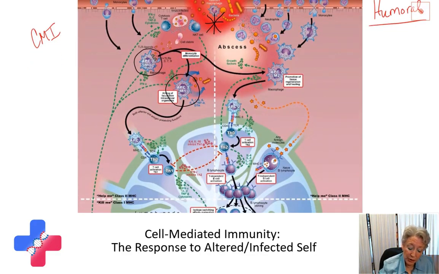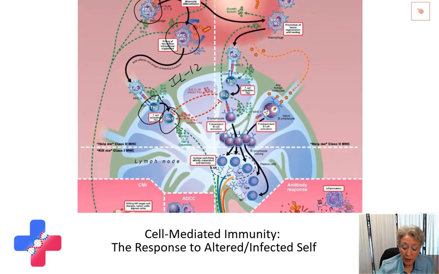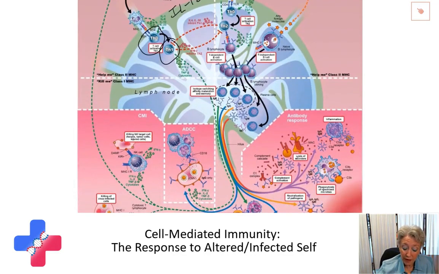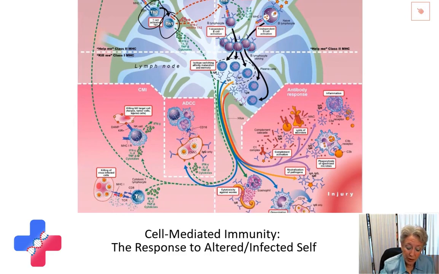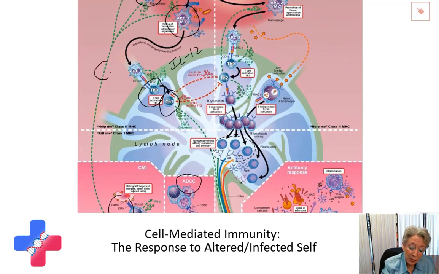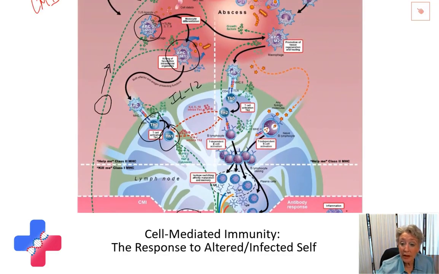That cell, in turn, communicated to my T helper 0 with interleukin 12 and induced that cell to become a T helper 1, who then became the general who delivered the signaling to all of the effectors of this side of the immune response: my cytotoxic T cell, my natural killer cell, and my ADCC cell. Notice the special case where the cytokines of that T helper 1 stimulate the APC.